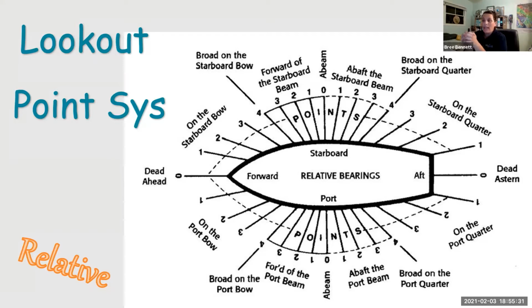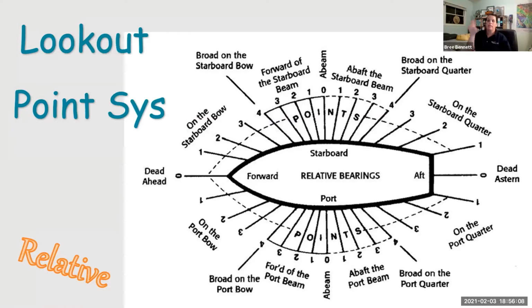When we talk about relative bearings, we're going to talk about relative from the bow of the vessel. So instead of looking globally at there's north, and then looking around our vessel, we go to our ship itself, and go relative to my lookout points from my bow going clockwise, so that my bow is that reference point.